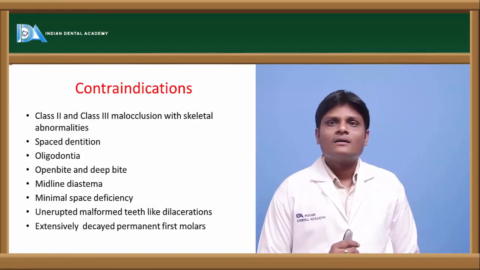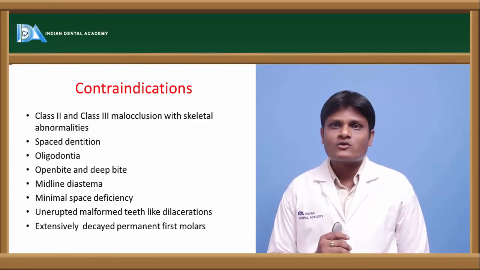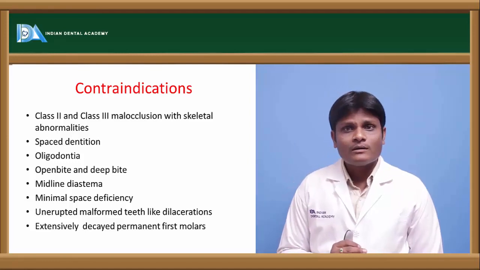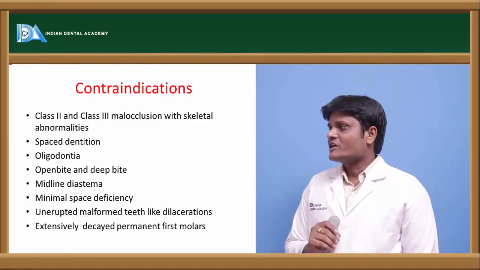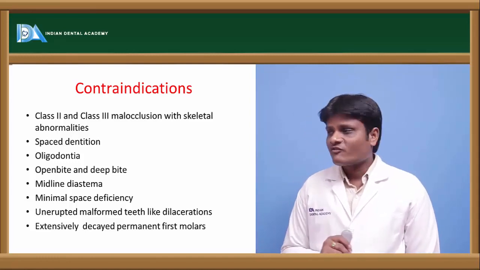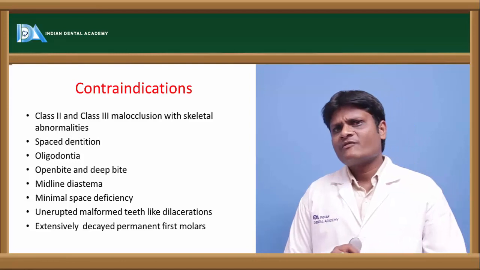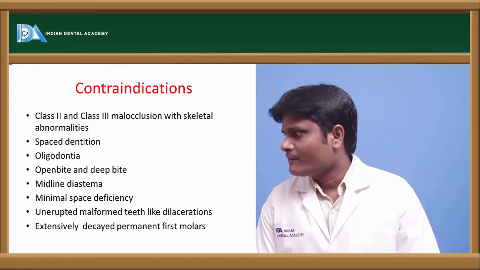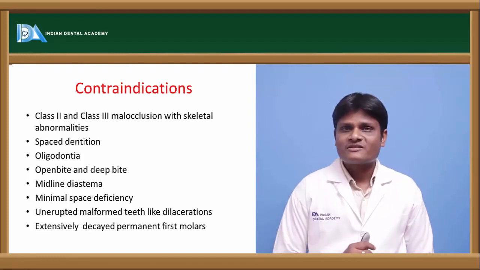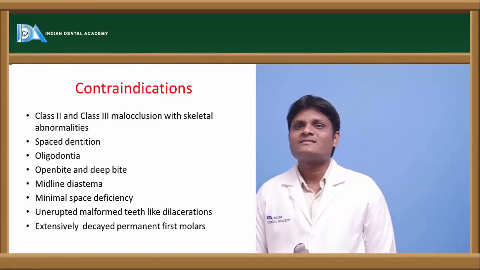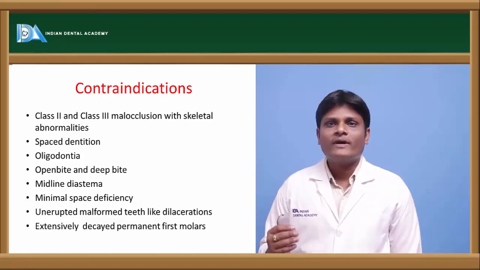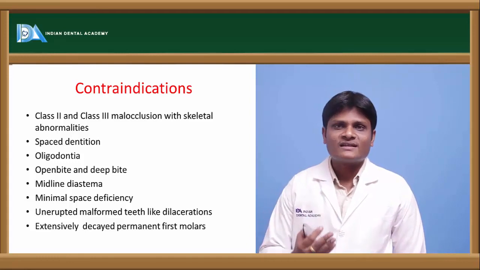Patients having a lesser number of teeth like oligodontia, or reduced tooth size like microdontia, or patients with spaced dentitions, and patients having an open bite and deep bite, presence of midline diastema and space deficiency which is less than 5 mm, and patients with unerupted or malformed teeth like dilacerations, and patients with extensively decayed permanent first molars. These are the cases wherein you should not carry out serial extractions.